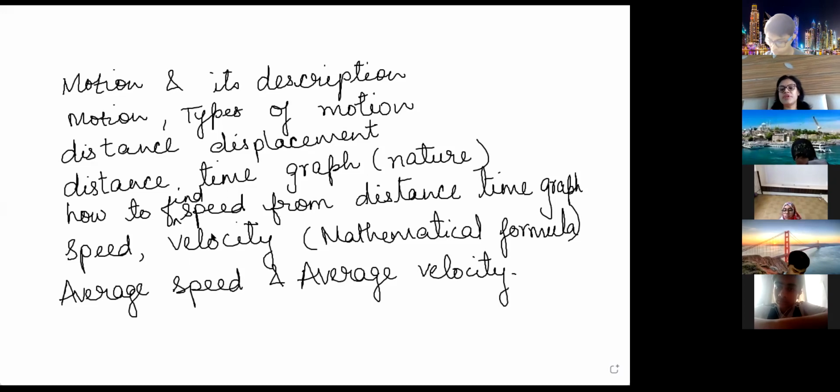Page number 209 and till 210, and on 211, the figure till figure 9.21. That's all. Okay, because we have not done velocity time graph, so it will not come.